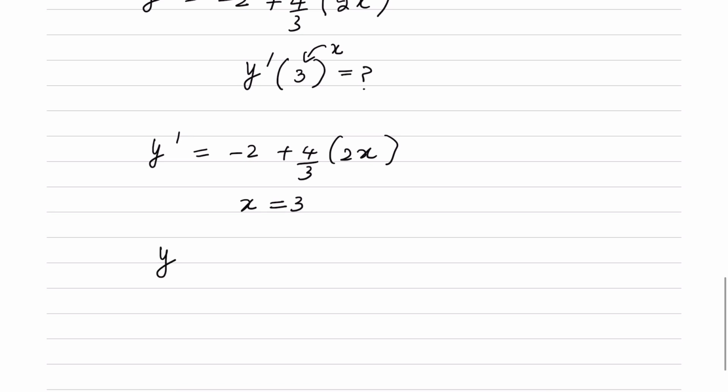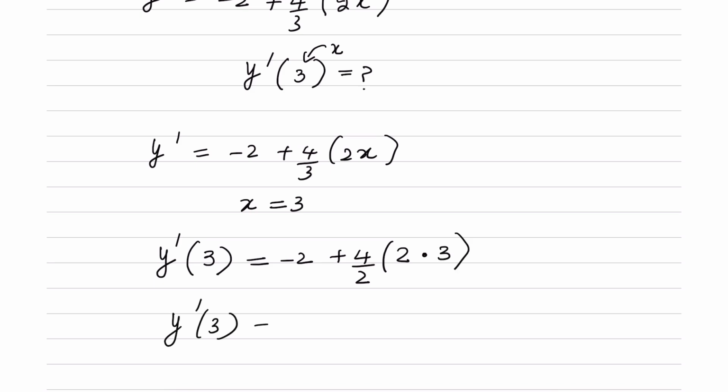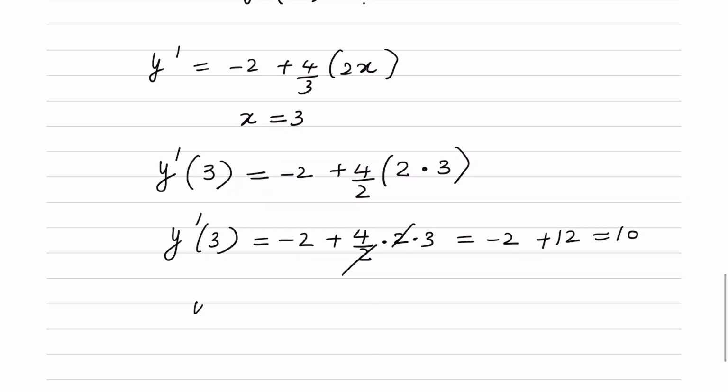So we write y dash at x equal to 3 will be minus 2 plus 4 by 3 into 2 into 3. Let's simplify this. We have minus 2... So we have found y dash at x equal to 3 as 10.